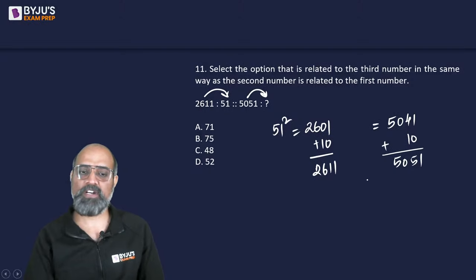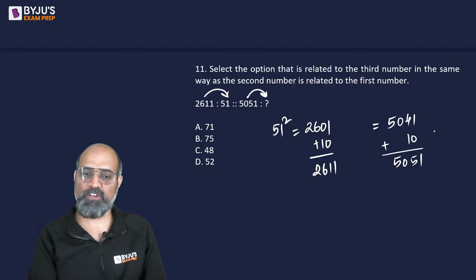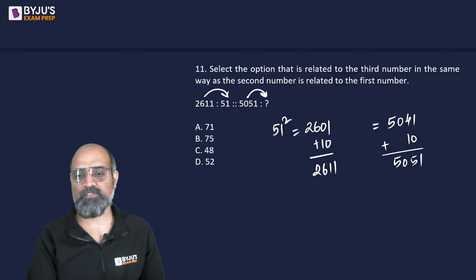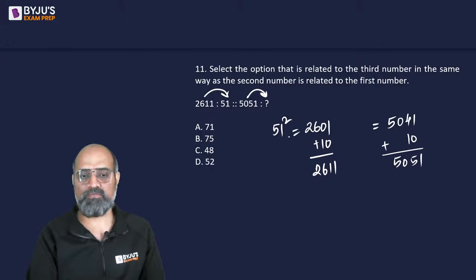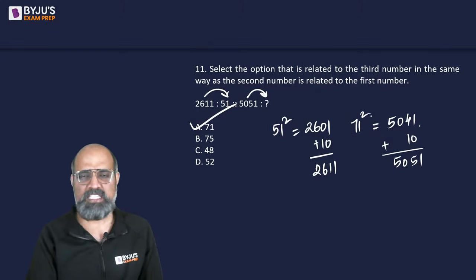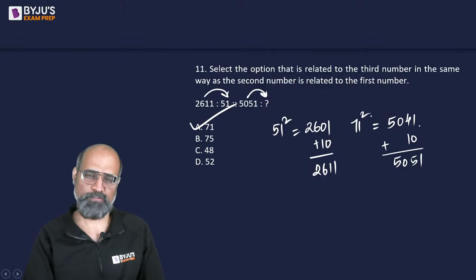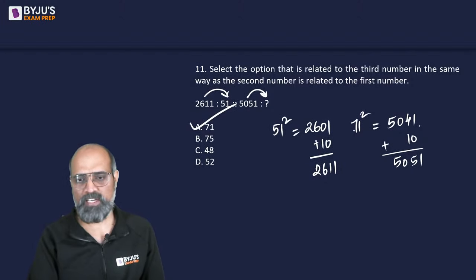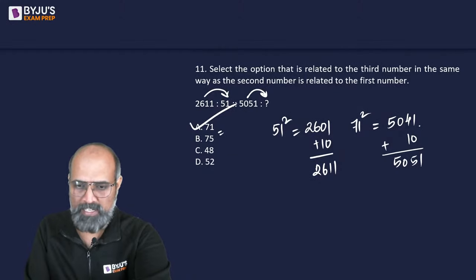Now 5041 is square of which number? We are pretty sure that 75 square will not end in 1, 48 square will not end in 1. So 52 square will not end in 1. Only 71 will, right? 71 square will end in 1. Anyway, 71 square is 5041 if you solve it. Okay? So 71 makes sense. Good. Everyone is correct?